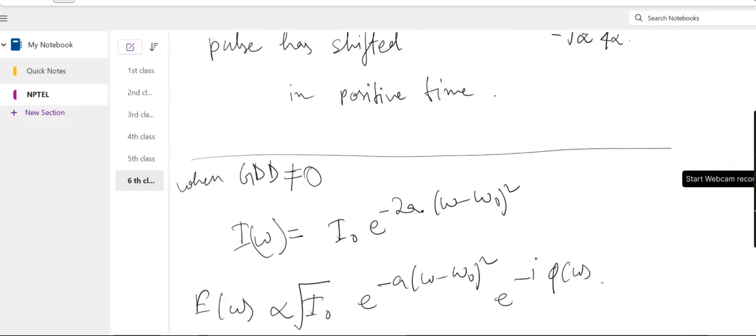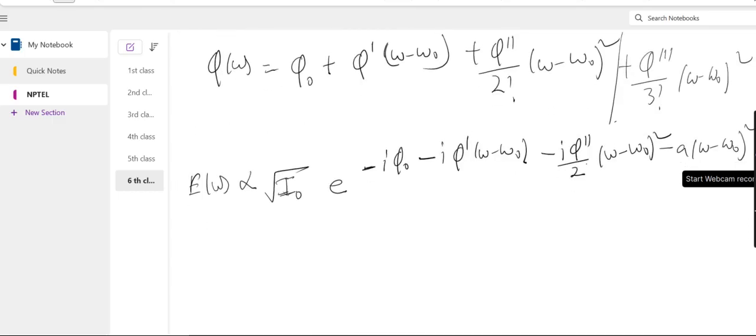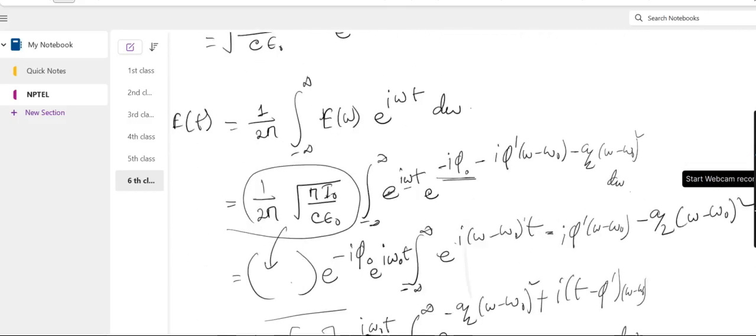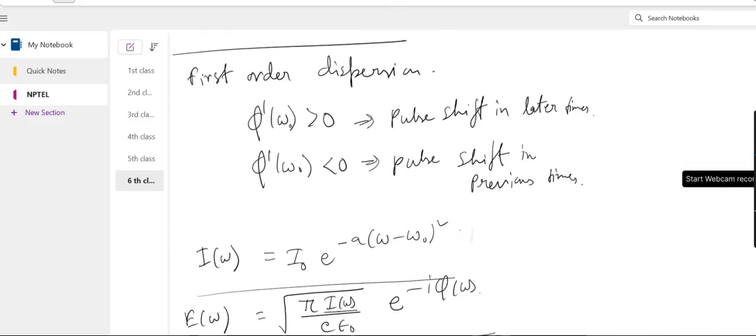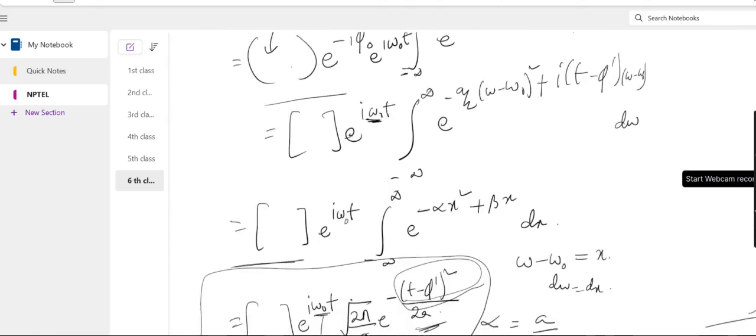So basically this part says that we are taking a Gaussian pulse. So there is a constant thing, and there is a Gaussian part. So this ensures that we are taking a Gaussian pulse. So we started with a Gaussian pulse which is centered at omega naught.